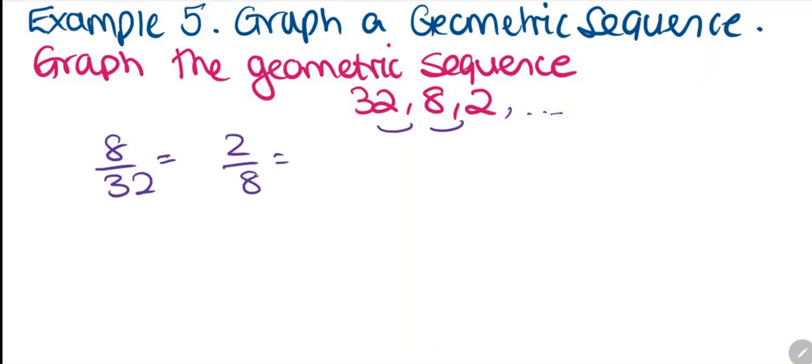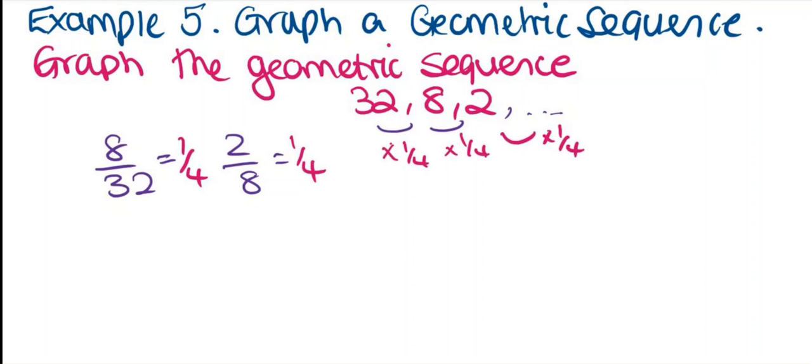So the common ratio is going to be 1/4. So each of these is multiplied by a quarter, so we're going to multiply it by a quarter to find the next term.